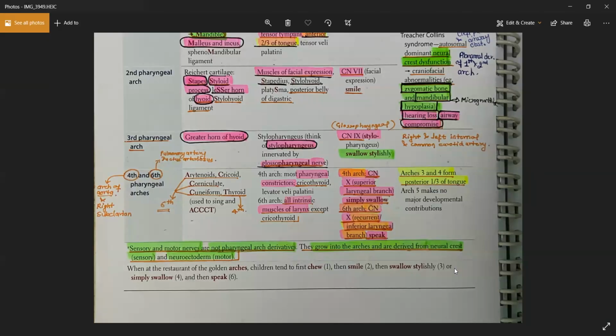Yes, there is a point, please. Is that note to emphasize that muscles and bones are pharyngeal arch derivatives? Muscles, bones, and arteries.